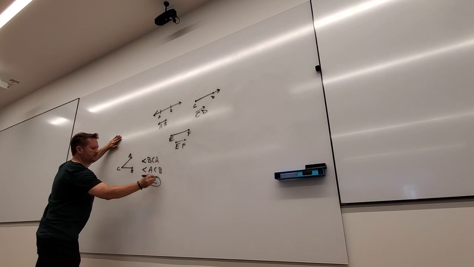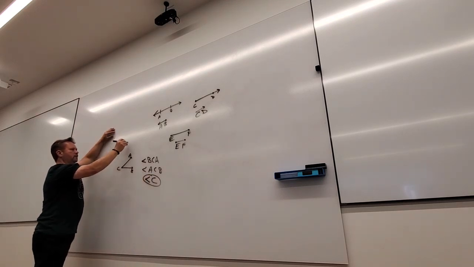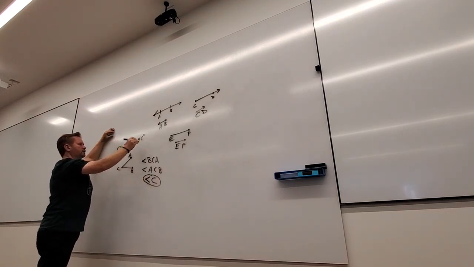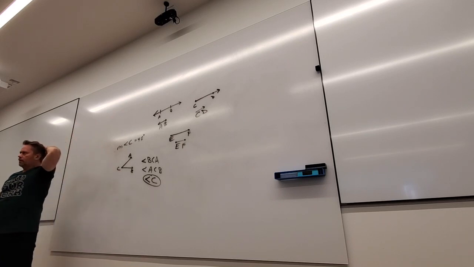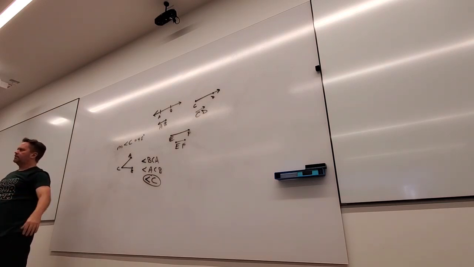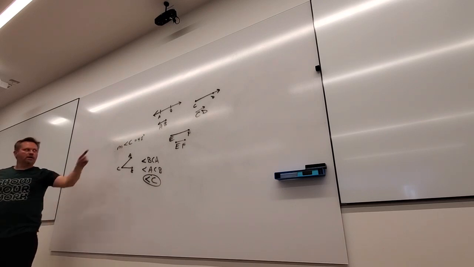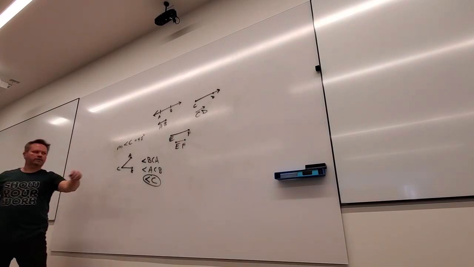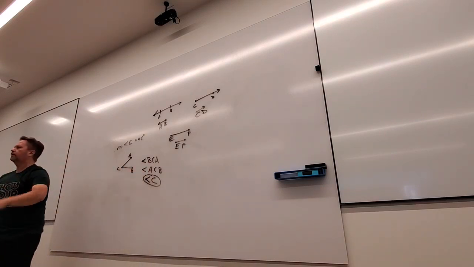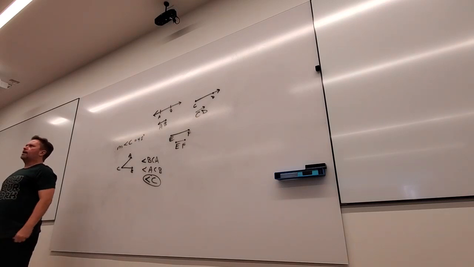So if I want to use this, I would say the measure of angle C is 45 degrees. I wouldn't say necessarily angle C equals 45 degrees. That doesn't make sense because angle C is a name. It's not a quantity, right? The measure of angle C is 45 degrees. I could also say the measure of whatever, however you want to identify.